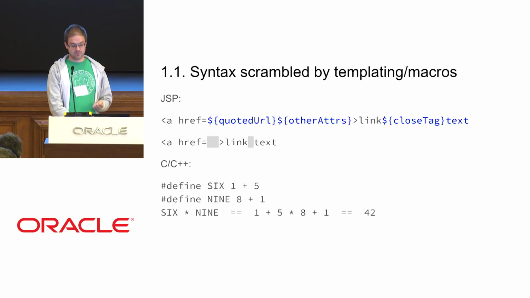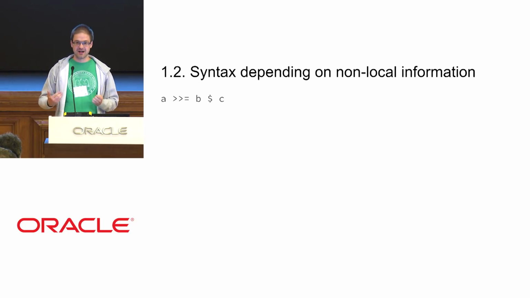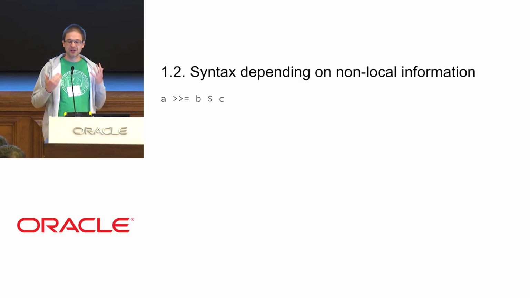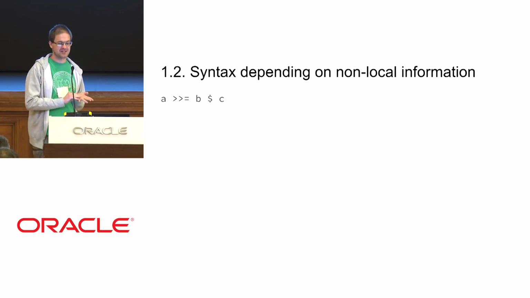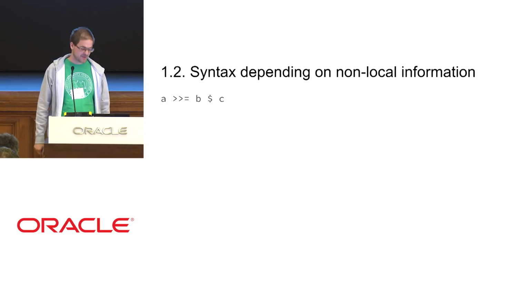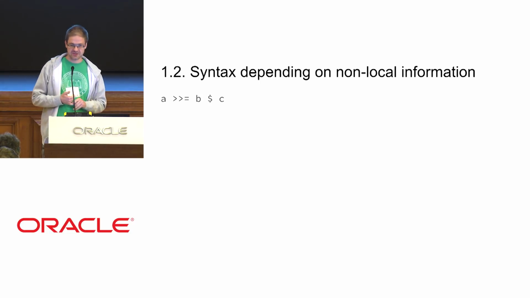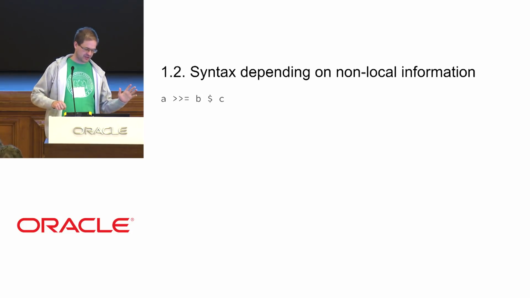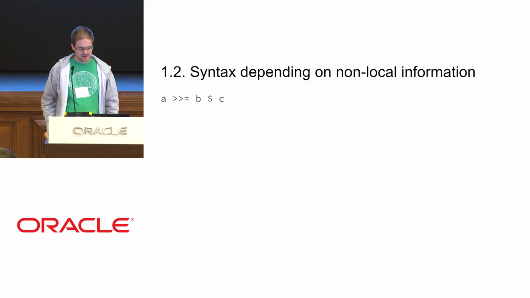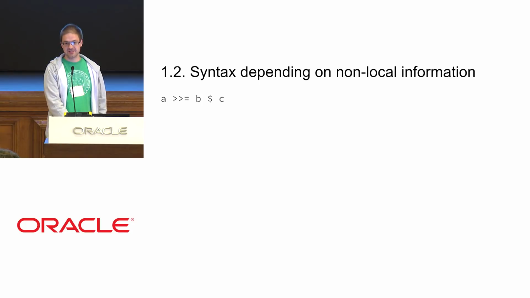Sometimes you have binary operators that look like binary operators, but they're still hard to analyze because more information, not available at the parsing moment, is needed. For example, languages like Swift and Haskell have custom operators. And here's a simple Haskell construction with A, B, and C, and some very cryptic operators between them. And you need to decide how to parse it.